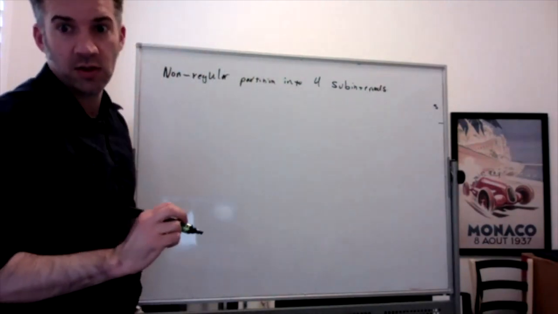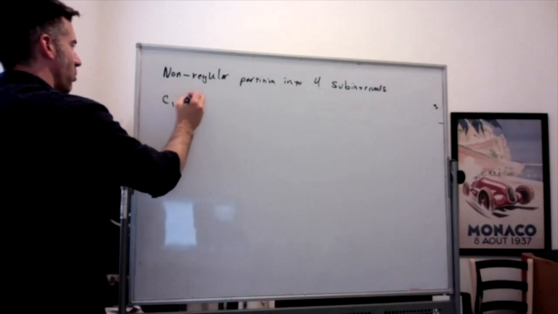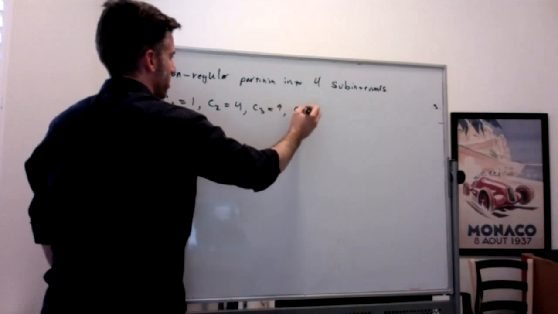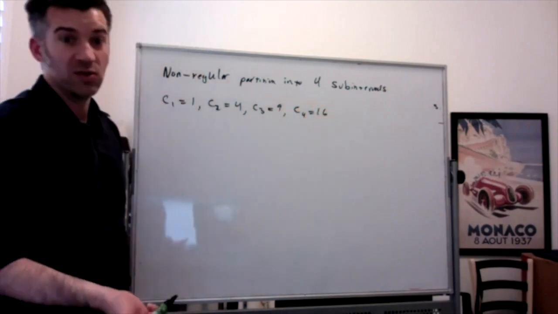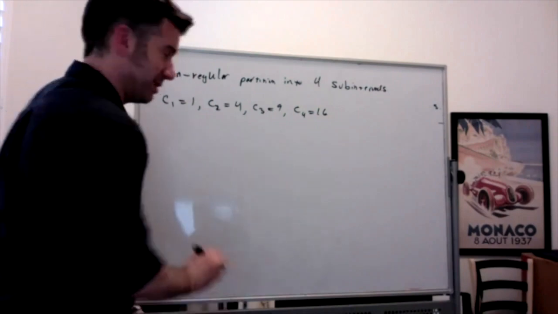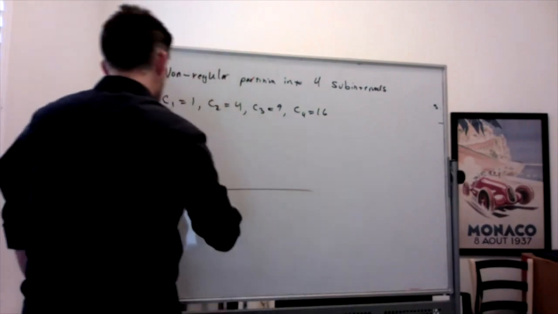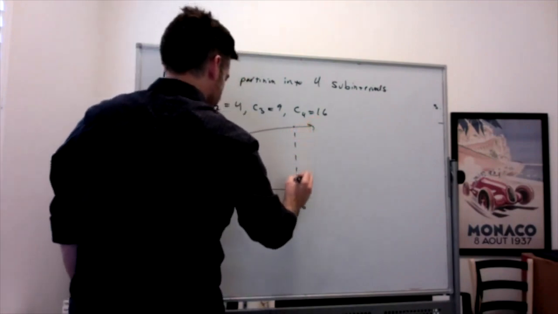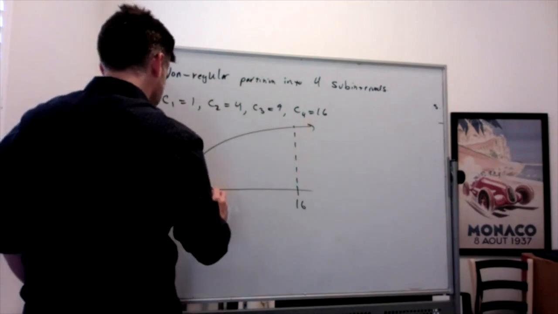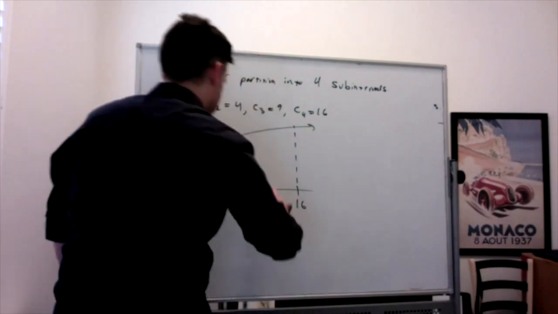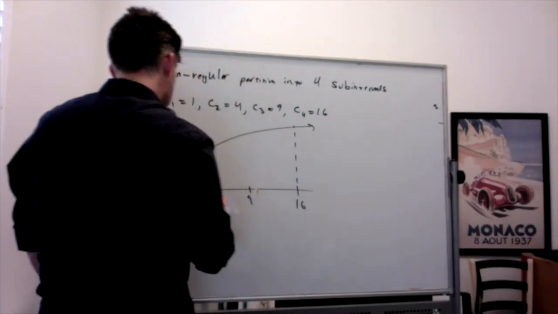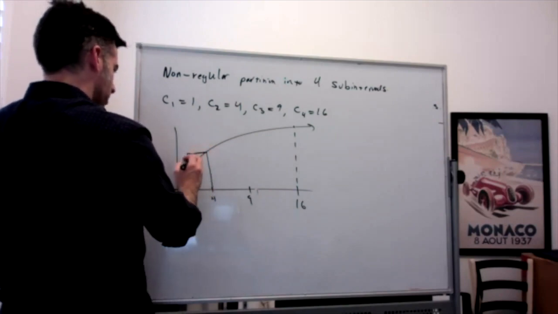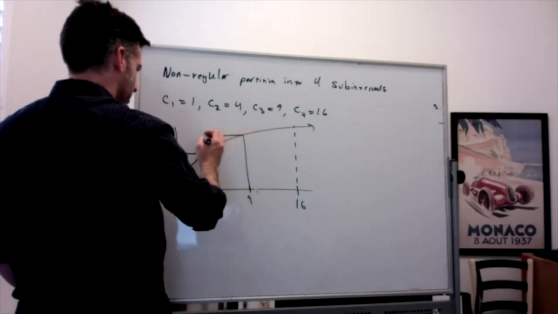I'm going to say my points are 1, 4, 9, 16. Those are the points I'm going to use to find the heights at. Those are the nice points, by the way. So if this is 16, maybe here's 1, here's 4, and here's 9. Then I'm going to find the area of these rectangles. Still going to be an overestimate, but it's going to be one that's easier to calculate.